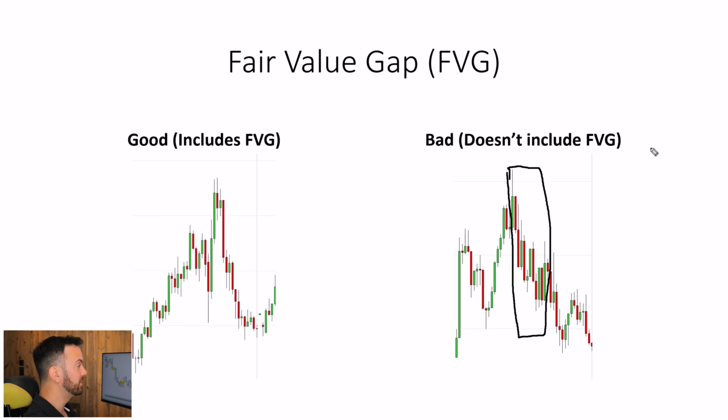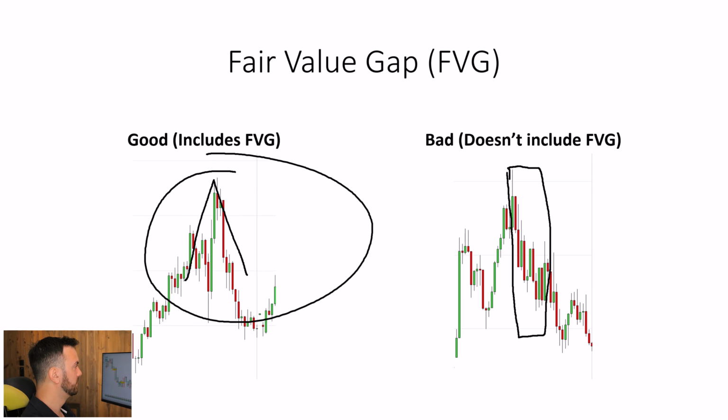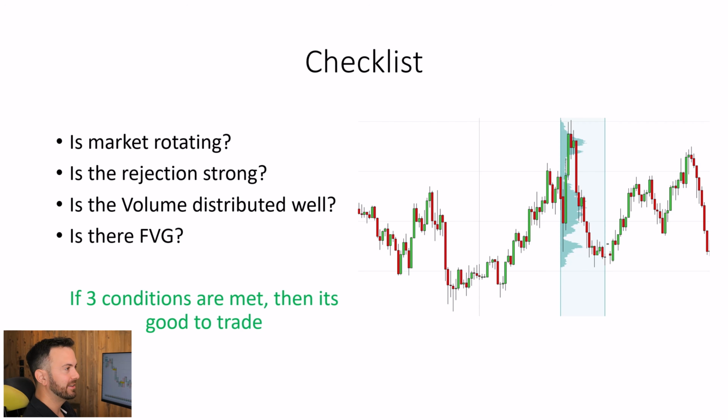So that's point number 4 for my little checklist, saying that the good rejection should have a fair value gap, like this one. Now here is a little recap of that checklist. Here are all the 4 points. The first point is that market should be rotating, right? Second point, rejection needs to be strong.